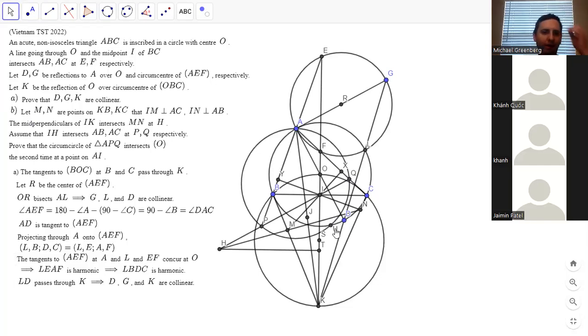So should I try erasing everything I don't need? That might be helpful. The only thing I need here, there's a lot of stuff I don't need anymore, right?